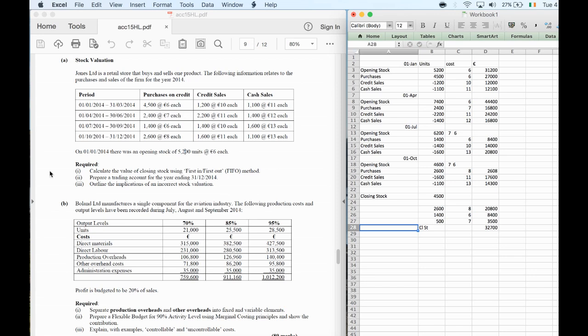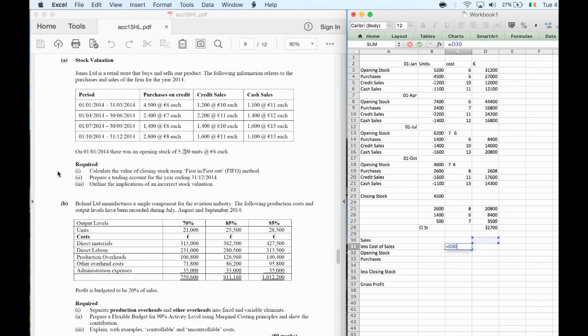Okay, so you have to prepare a trading account for the year ended. So we have sales, so the sales, where am I going to get the sales numbers from?